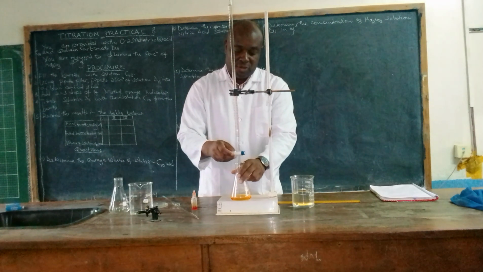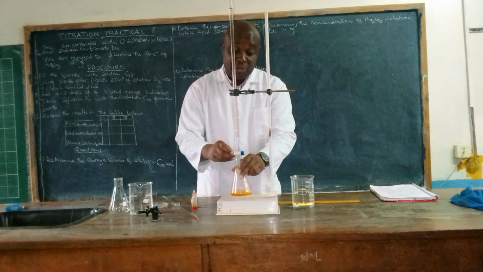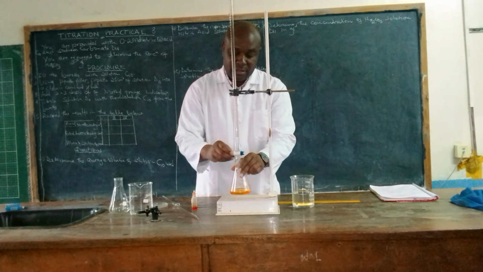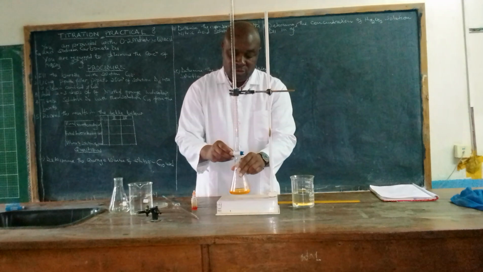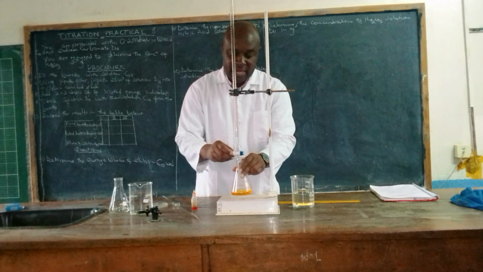You just start opening the tap of the burette slowly by slowly as you shake. Make sure all the drops drop into the conical flask. Our expected color is supposed to be pink. So you just do it slowly as you observe the color change. Very slowly like that.